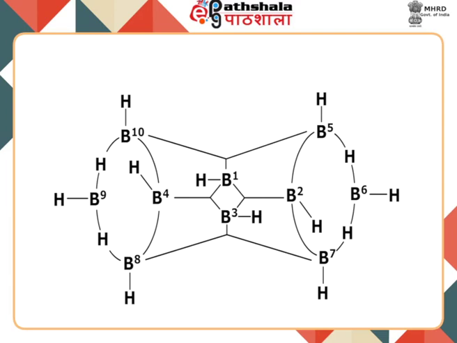Hence, out of the 30 valence electrons of 10 boron atoms, 12 electrons are used up in the 6 BBB bridge bonds, 4 electrons are used up in the 4 BHB bridge bonds and 4 electrons are used up in the 2 BB bonds.